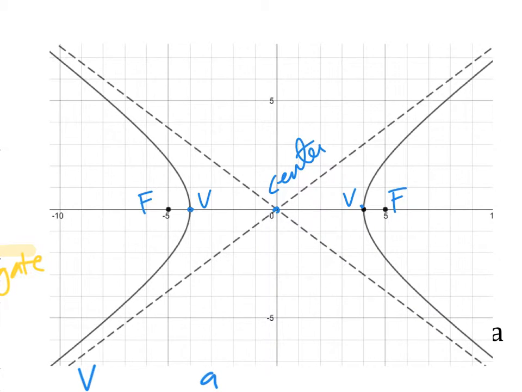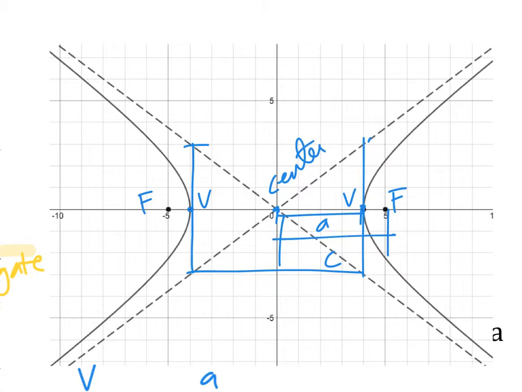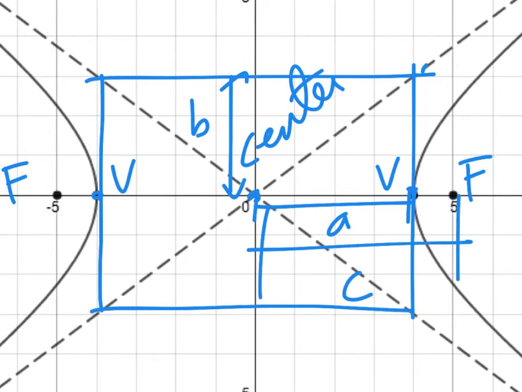A is shorter than C. You can see how, from the center to the vertex, you will hit vertex first and then hit foci. So this is A, this is C. And then B has to do with the box, so we had to draw a box first. B is from the center to the edge of the box. So double check, make sure your drawing is correct.